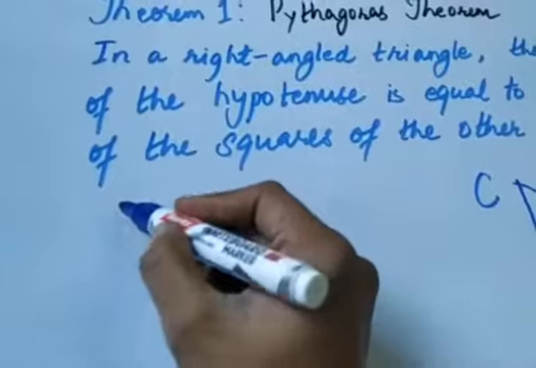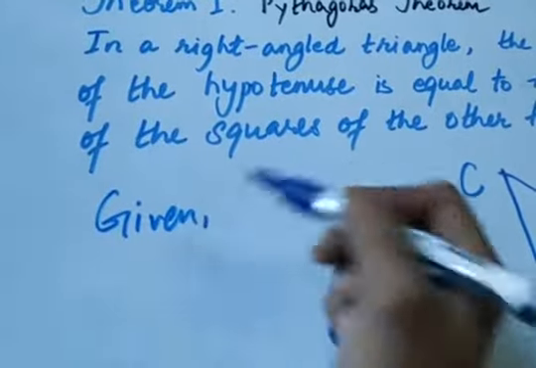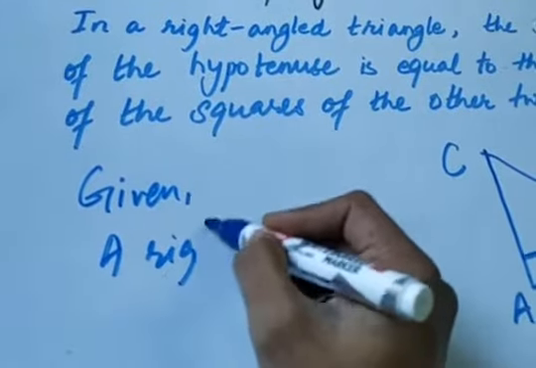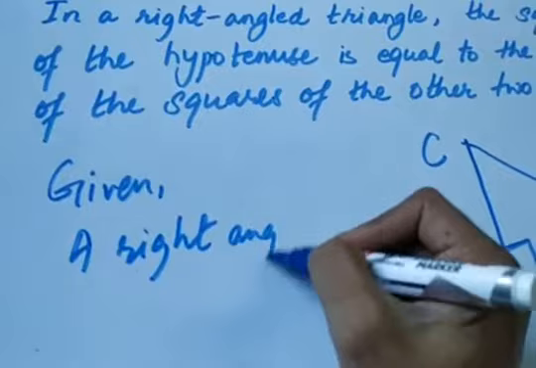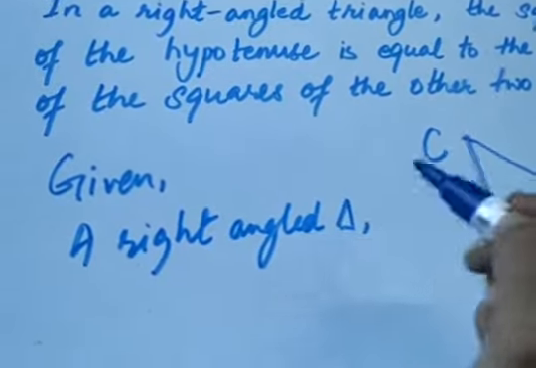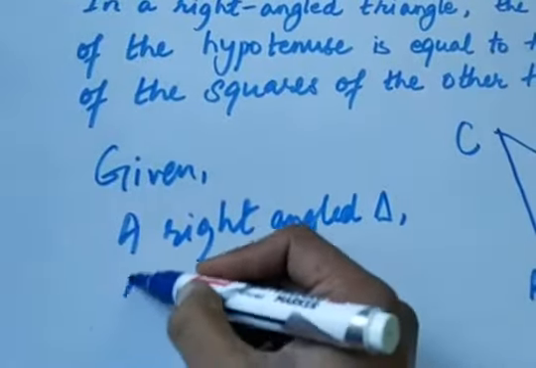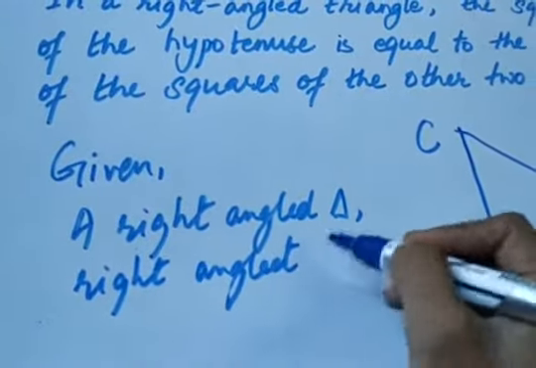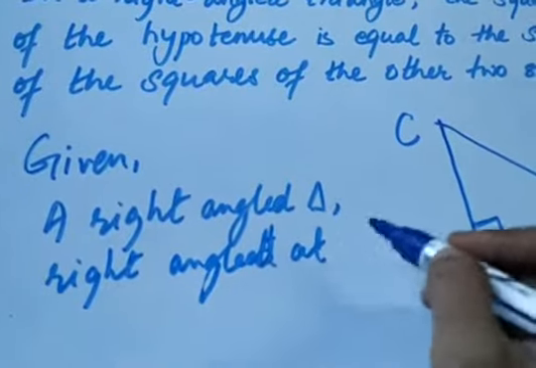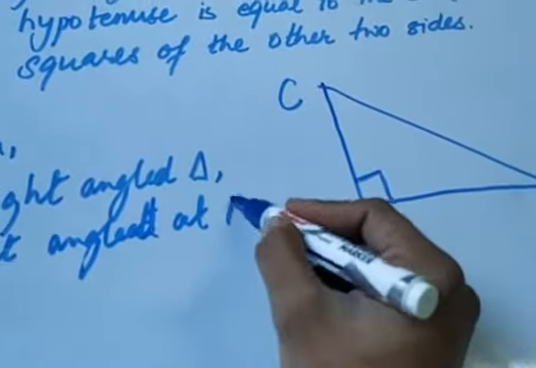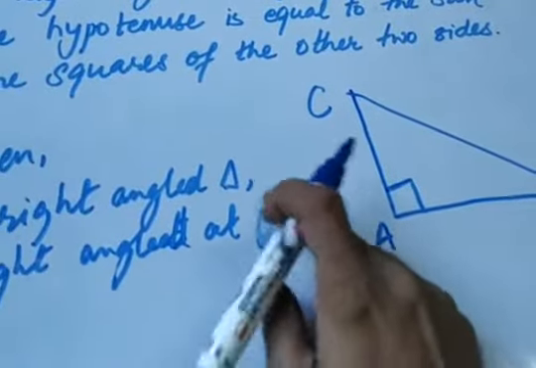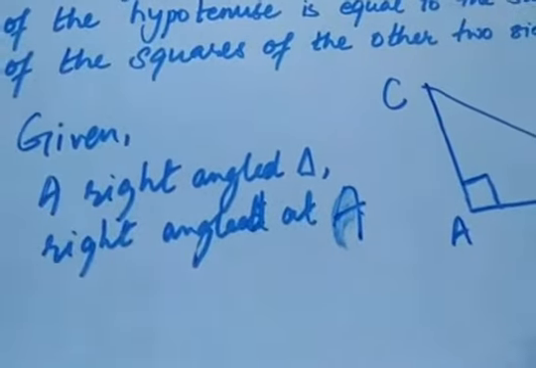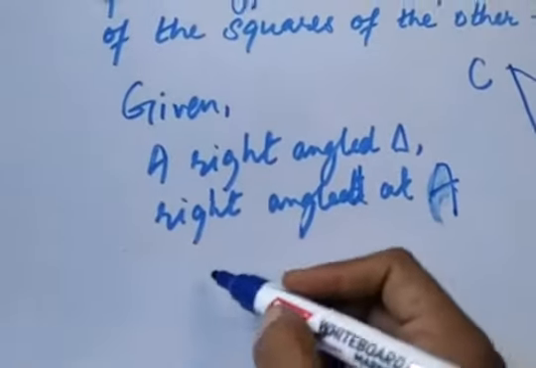So when we write down given, we write down given is a right angled triangle, right angled at A. So this is A, right angled at A. So this is what we know already in the question, and we also know what we need to prove from here, right?